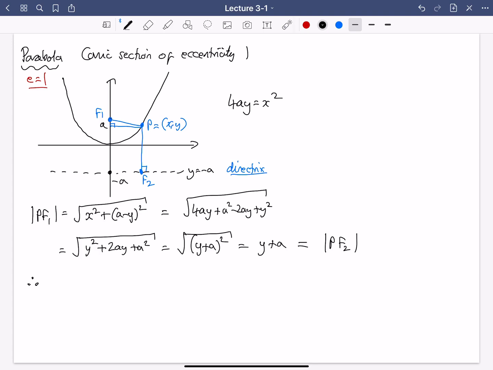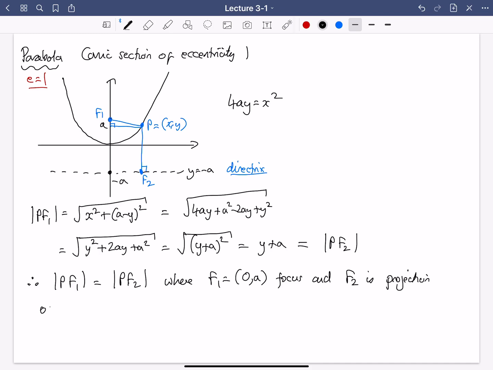So this shows that at least for that parabola, the distance from P to F1 is equal to the distance from P to F2, where F1 is the focus and F2 is the projection of P onto the directrix, y equals minus a.